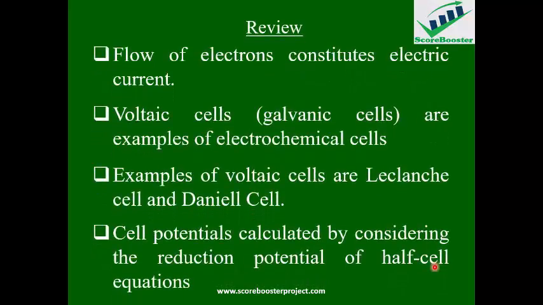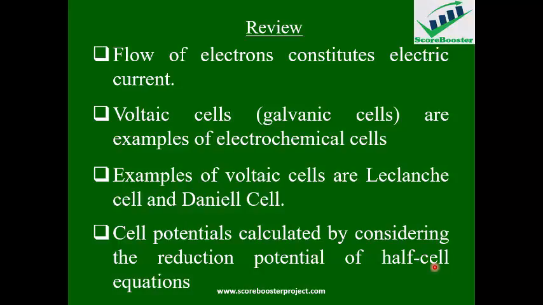This is what we have for today, but before we go, let us have a quick recap of what we have done. The flow of electrons constitutes electric current. We have known that before. Examples of electrochemical cells could be the Leclanché or Daniell cell. Leclanché is the dry cell, Daniell is the wet cell.